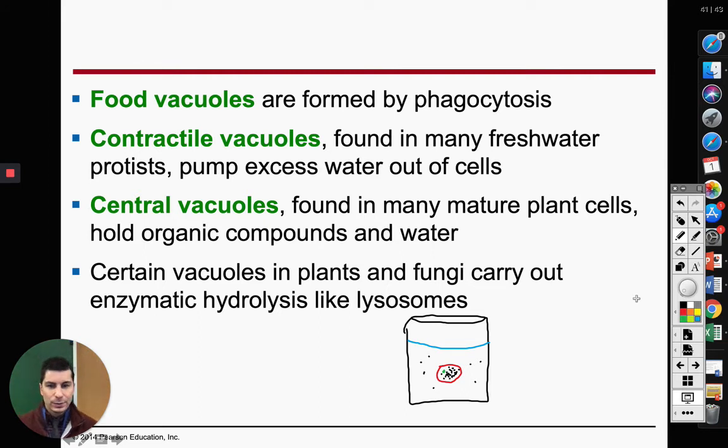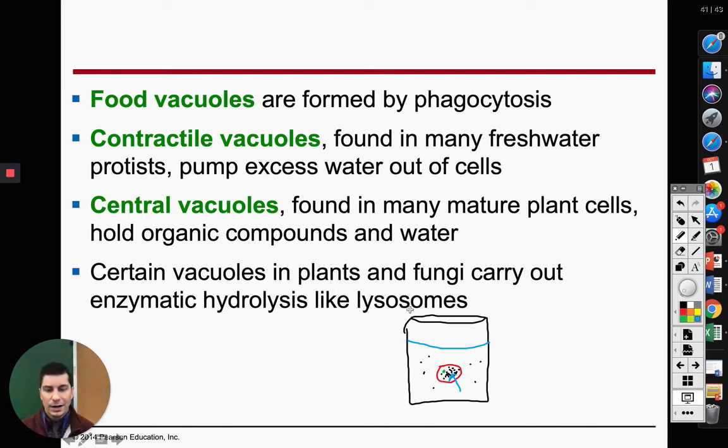Anyway, so what's going to happen here, guys, is water is going to move where there is more solute. So water is going to move inside of the cell. That's going to make the cell get bigger. Problem is, amoebas, protists, organisms like this, they're only made of one cell to begin with. So if that cell gets too big, it's going to burst and the organism's going to die.